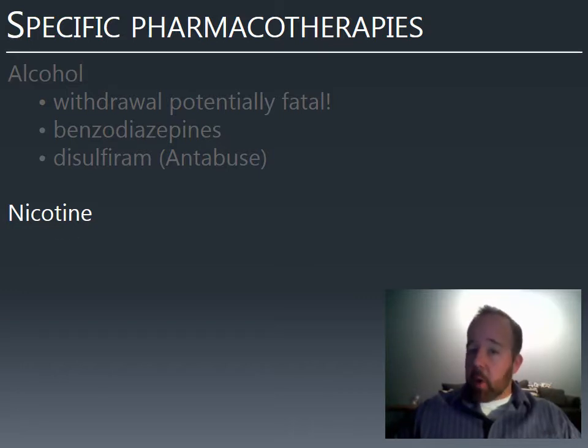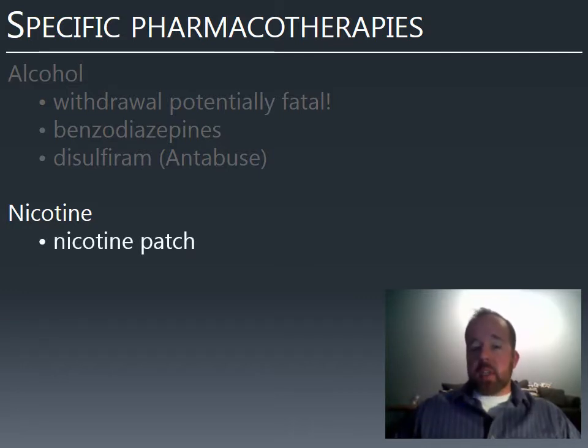For nicotine, for smoking, the most famous, of course, is the nicotine patch. And there, of course, you're taking smaller doses of the drug of abuse. But you're not smoking, so you're not taking in all those other toxins. But the nicotine patch, again, is a controlled dosage of nicotine that's administered over a longer period of time.